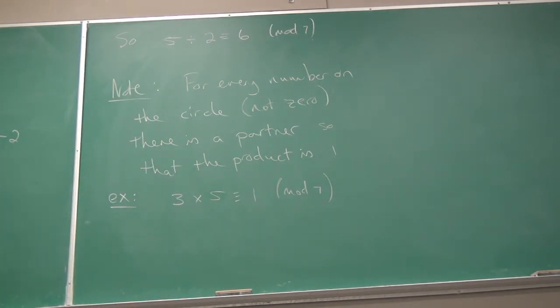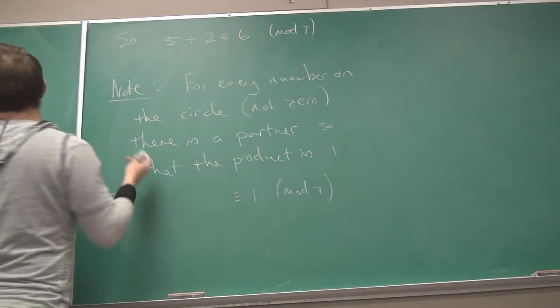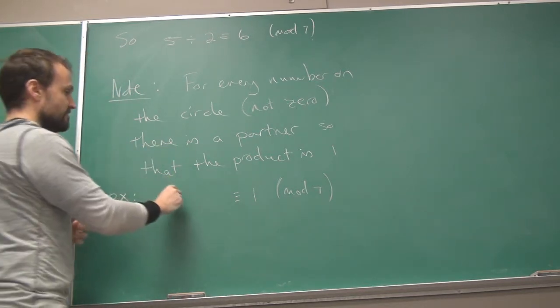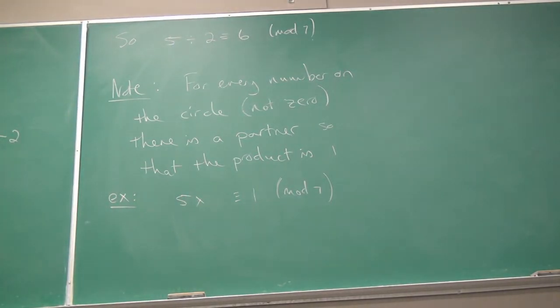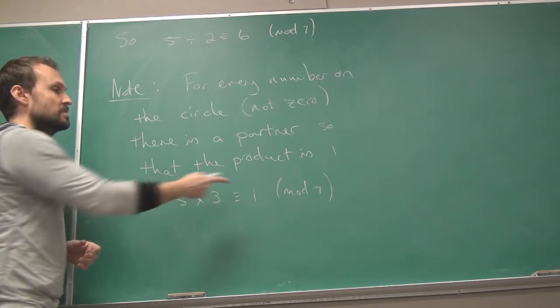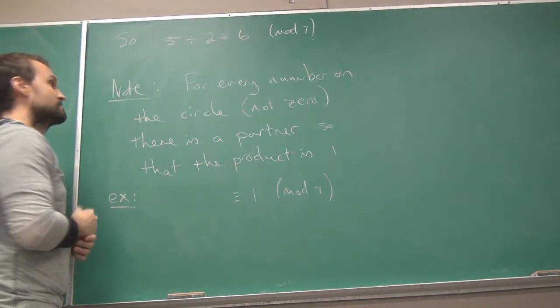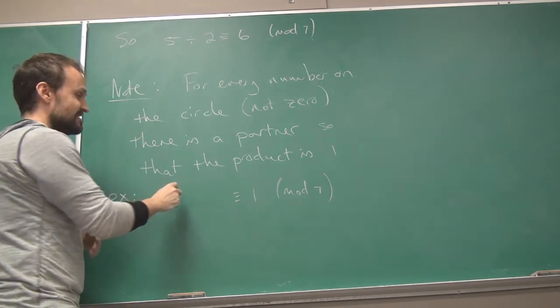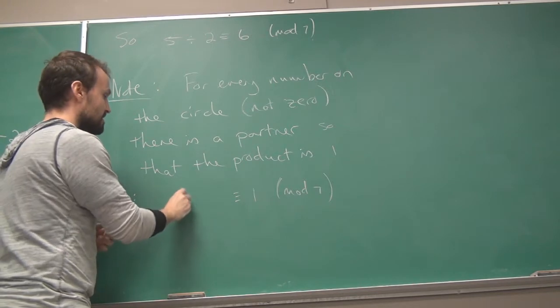I didn't really pick 3 because it's special. Give me a random one. 5. What is 5's friend? So that together by multiplication they give me 1. 5 times 3 is 15, which is 1. Give me another one. You only have like 6 options. Not hard. Roll the dice. 4.